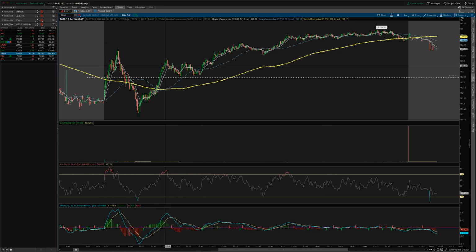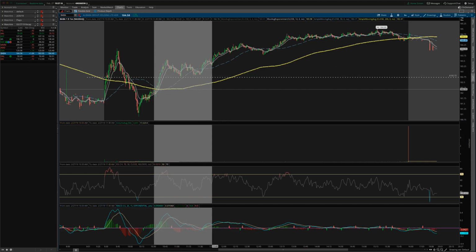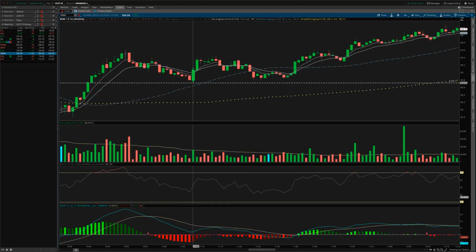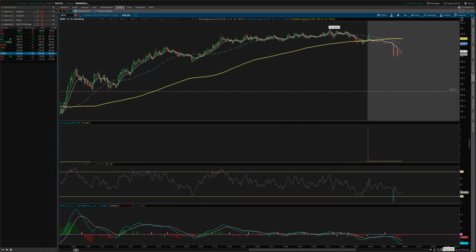Watch here how on the retest, it tried to come back down and the wick touched it, but it was never able to break through it. That is a successful retest.